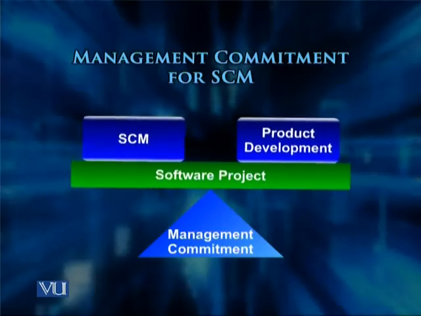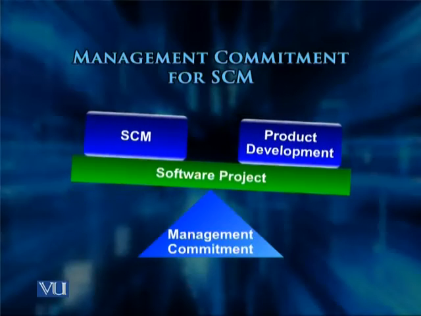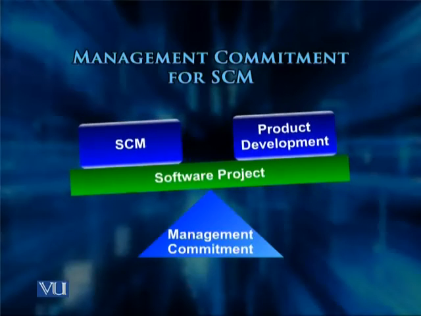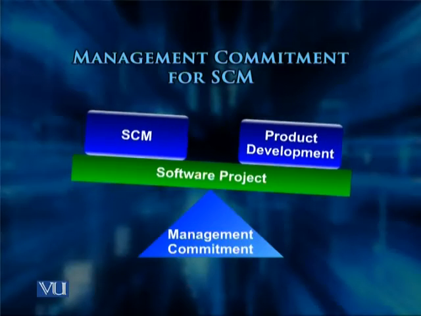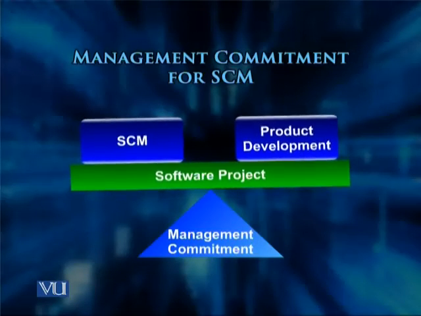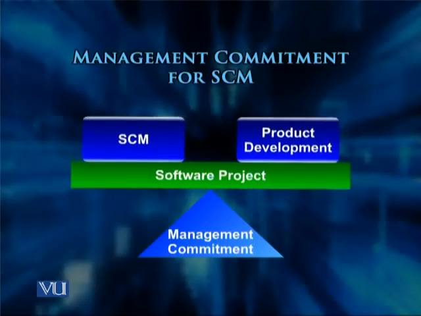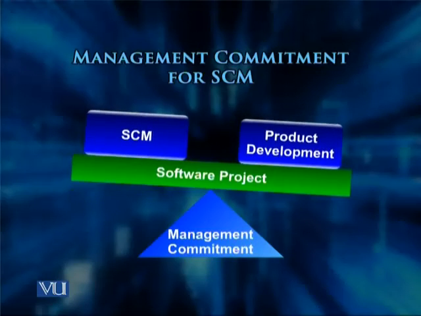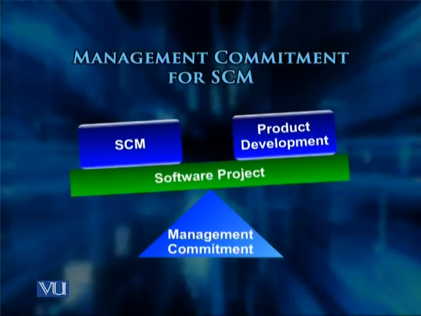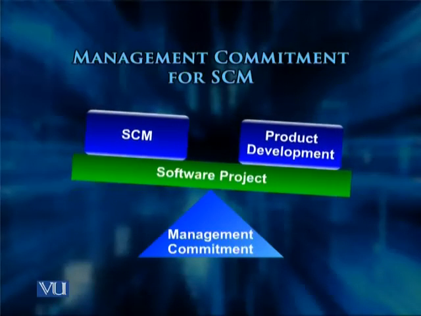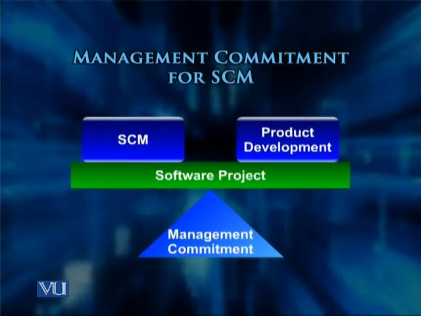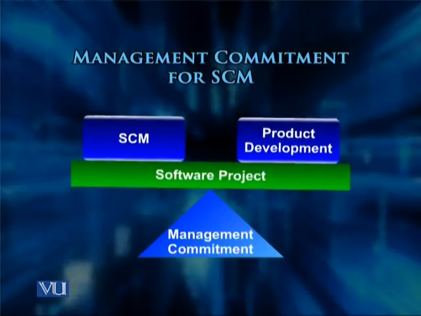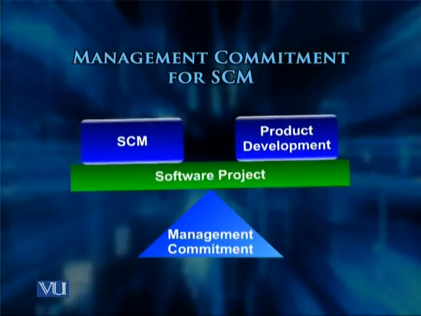And if you look at the picture carefully, if you want to keep the software project stable and on schedule, you need to balance both product development as well as SCM activity. If you tilt in one direction or in one activity's favor, the other activity will fall apart.